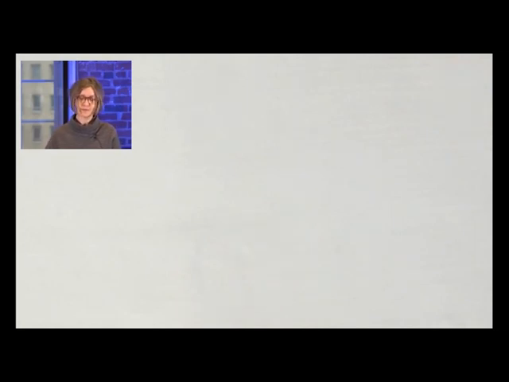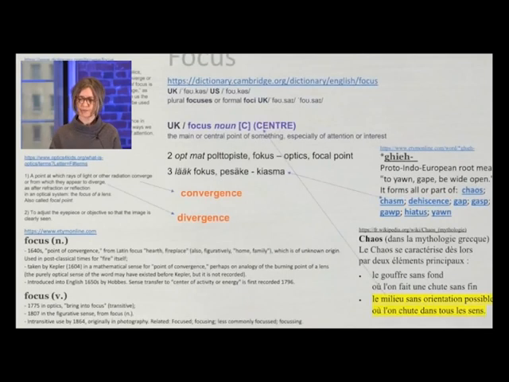I will end in the dictionaries as I started. When focusing on the notion of focus, I found that there is already a divergence in itself. Focus and chaos seem to be intertwined, even inside these words themselves, as are focus and surroundings.